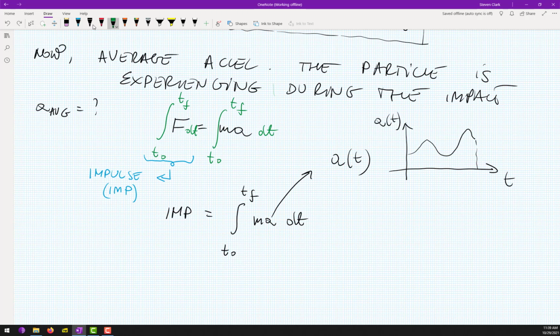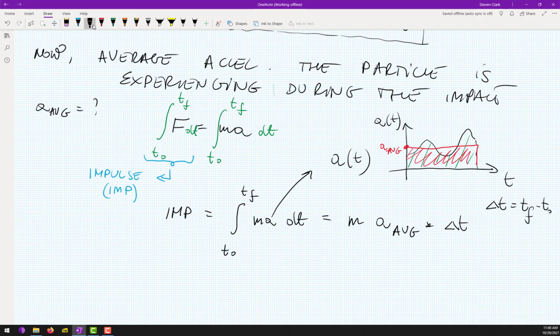the area below that curve can be replaced with the area of such a rectangle, where this is A average. So that integral is equal to m A avg times delta t, where of course delta t is t final minus t0.